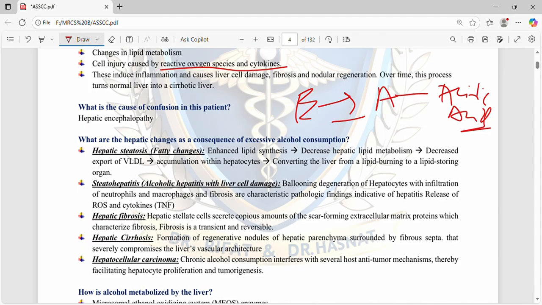Chronic alcohol consumption interferes with several host anti-tumor mechanisms, and these are disturbed, thereby facilitating hepatocyte proliferation and tumorigenesis. Plus, the damaged hepatic cells can cause portal hypertension, and with portal hypertension there will be varices everywhere there is a portosystemic shunt. So there will be bleeding, hematemesis.